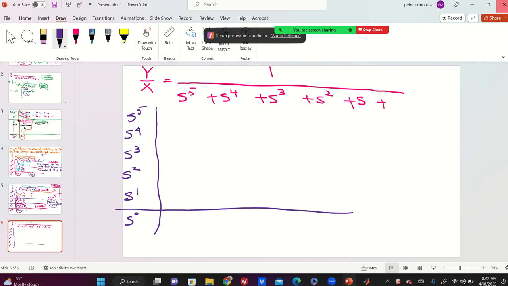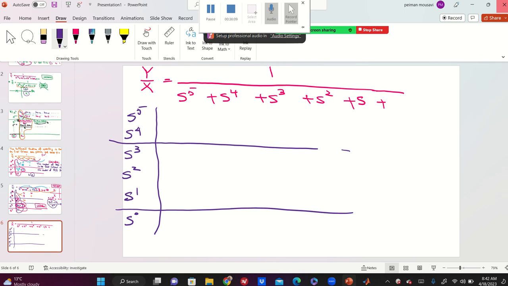Now you know that you have to take this from the denominator. I'm gonna put here 1 and also here 1, 1, 1. And I'm gonna put here 2, 2. And I'm gonna put here again 1.